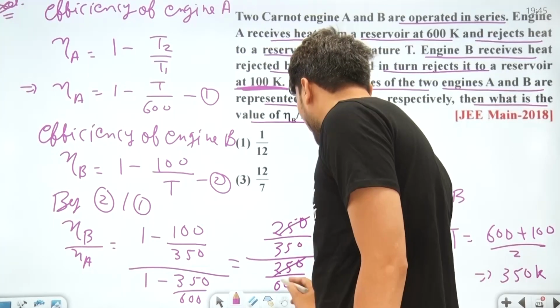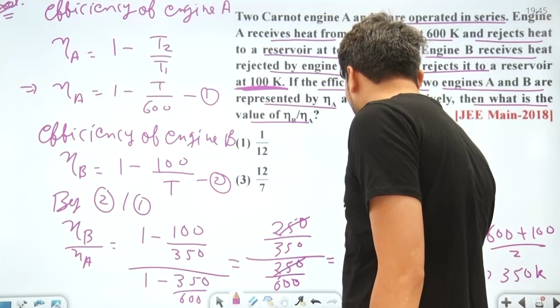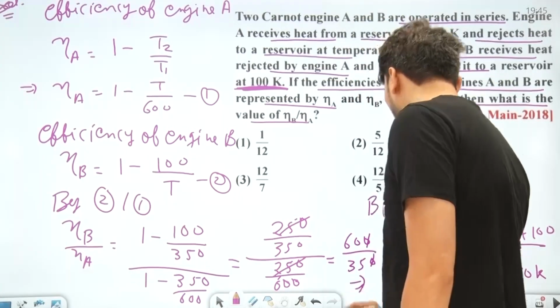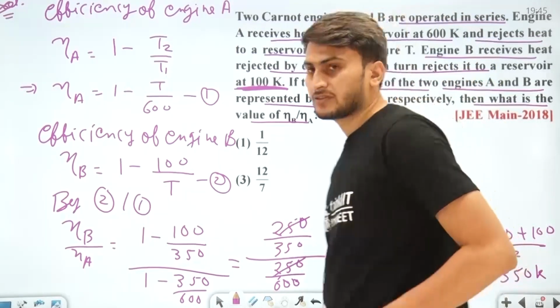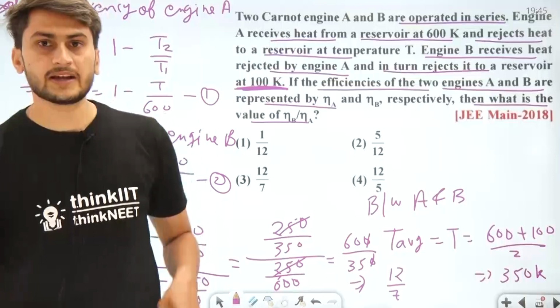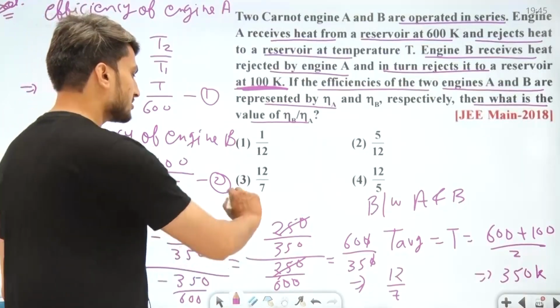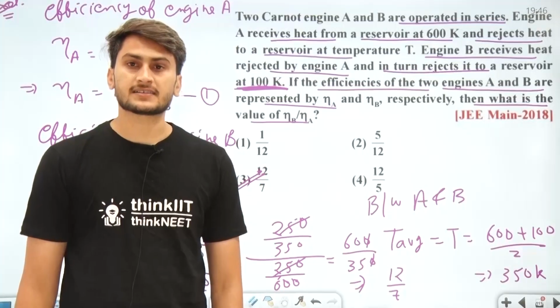Now 250 cancels, and this is 600 divided by 350, so this is 12 by 7. So the ratio of eta B by eta A is 12 by 7, which is option 3, the correct answer.